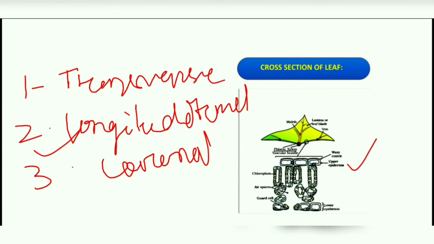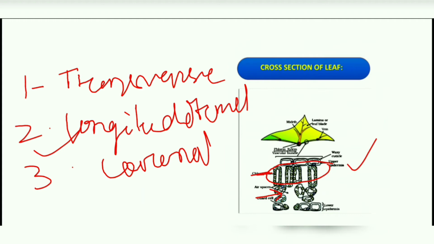Here we will observe two types of cells, basically palisade and spongy cells. Now look at these portions. This portion is the palisade, and that portion is the spongy cell.